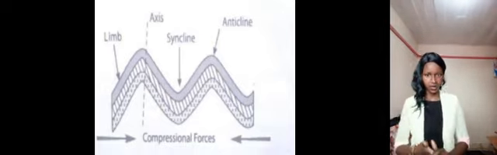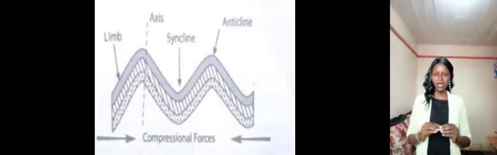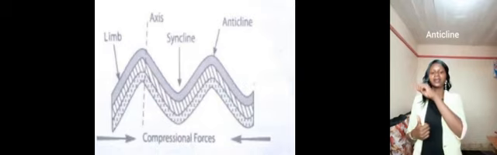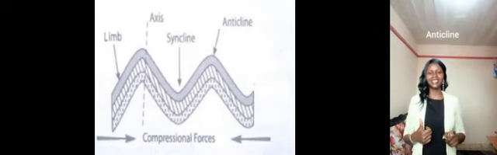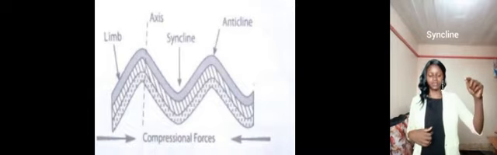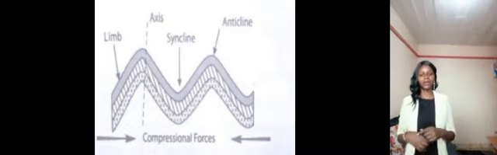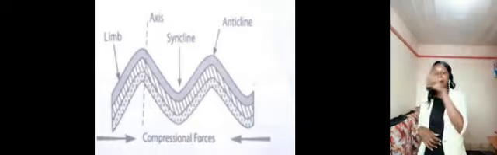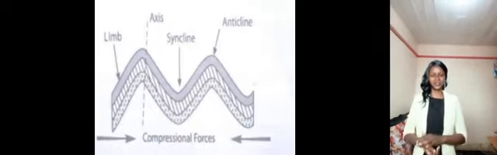So we have some terms we need to know when you talk about the process of folding. We have the anticline. The anticlines are the up folds. We have synclines, that is the down folds. We've said folding is the bending upwards or downwards of the crustal rocks.